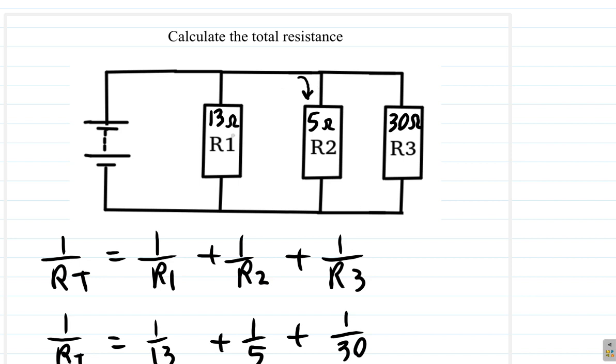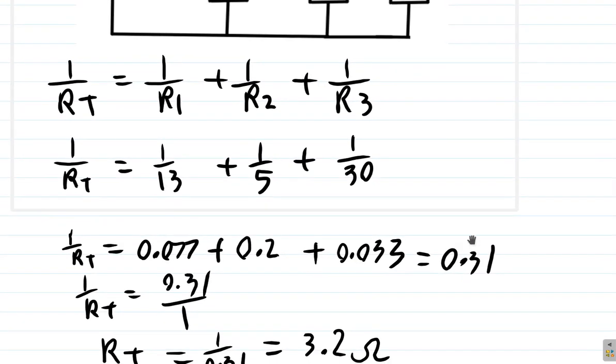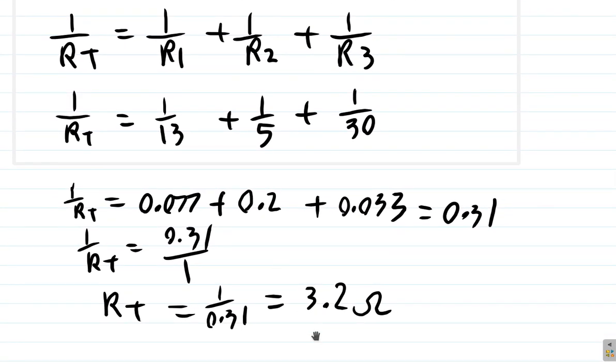When you add R1, it makes it easier for current to flow from the source, because some current can flow down here. And then when you add R3 now, it becomes easier because we have 3 different paths to flow now instead of 1 or 2. So the total resistance of these resistors is 3.2 ohms.